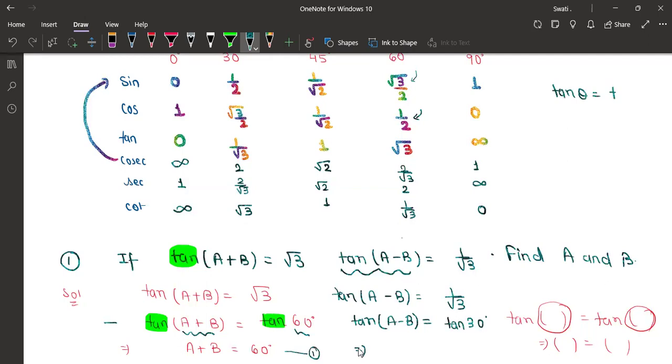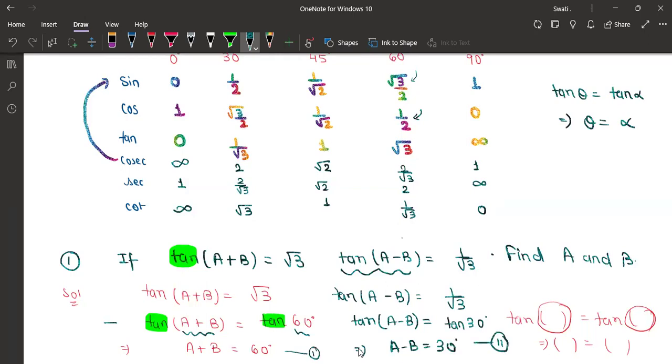If tan theta is equal to tan alpha, this implies that theta is equal to alpha. Here, trigonometric ratios will not get cancelled. But just for your understanding, you can imagine in your head that they are getting cancelled. So this will imply A minus B equals 30, right? And this is equation 2.